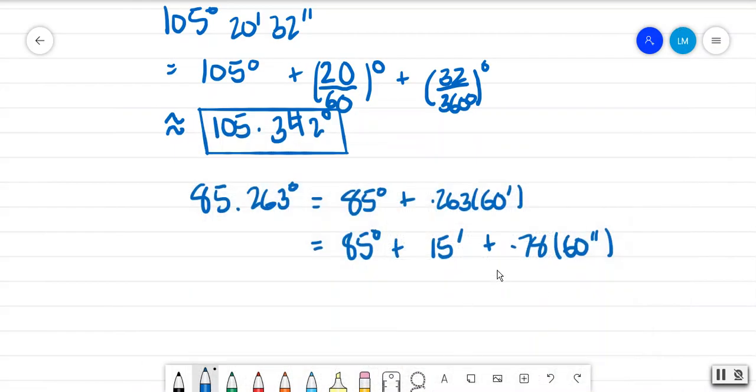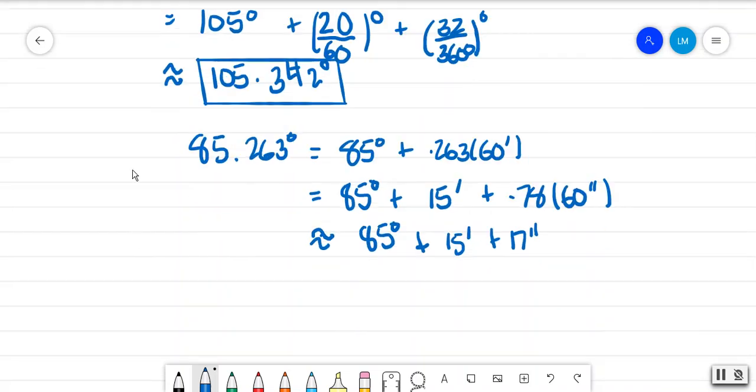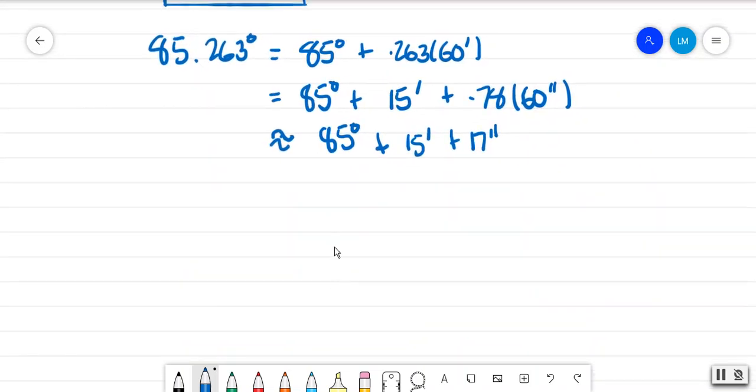So that's going to be 85 degrees plus 15 minutes and then plus 17 seconds. Or, of course, you can write the traditional DMS: 85 degrees, 15 minutes, and 17 seconds.